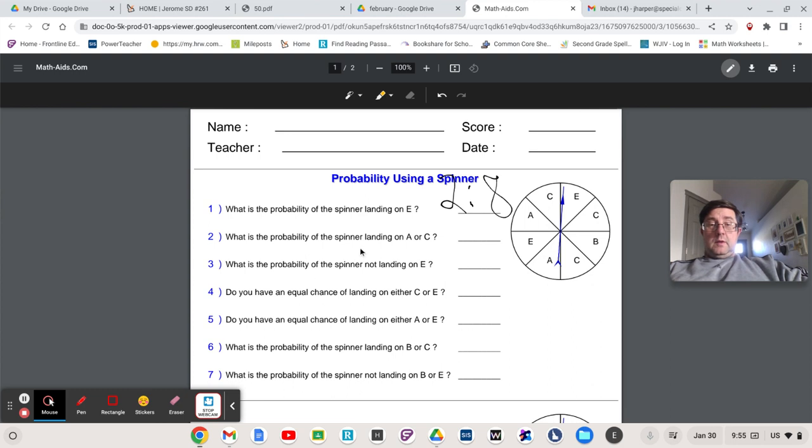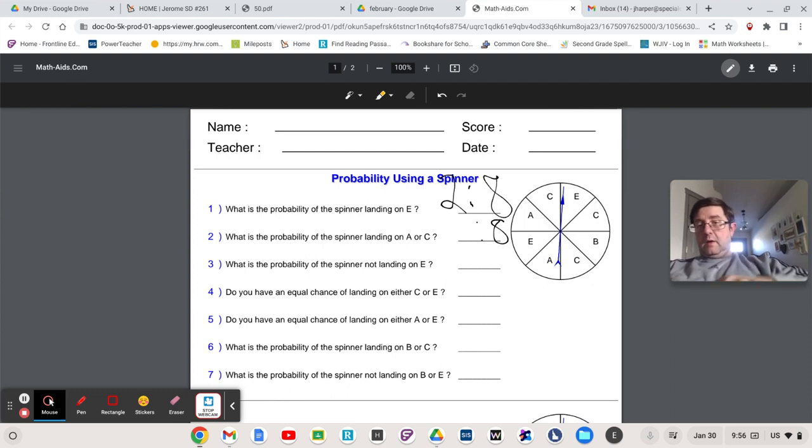What is the probability of the spinner landing on A or C? So we hush, Effie. What is the probability of the spinner landing on A or C? So what we do is we know it's going to be out of 8.